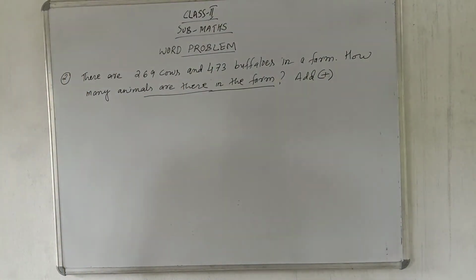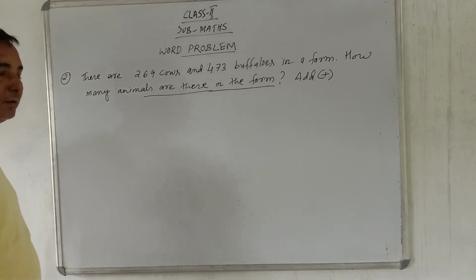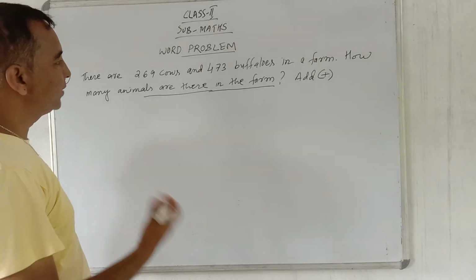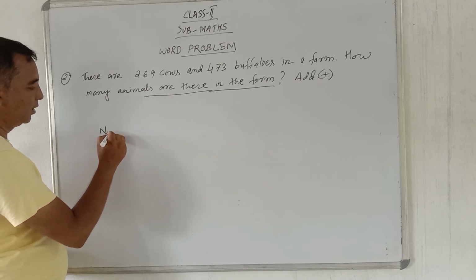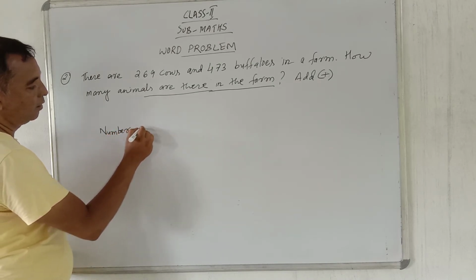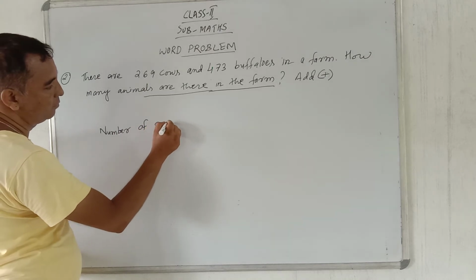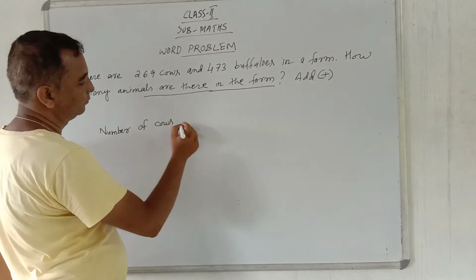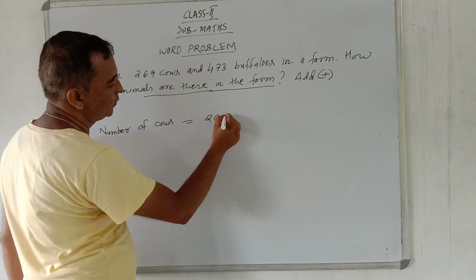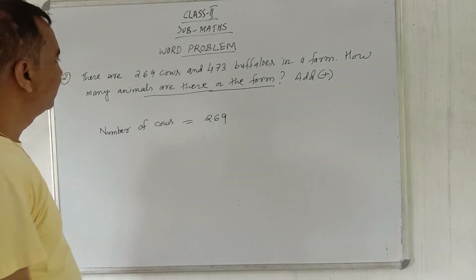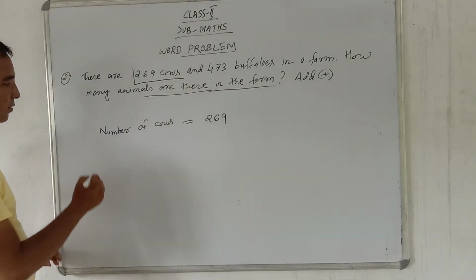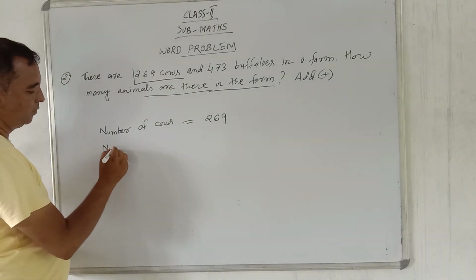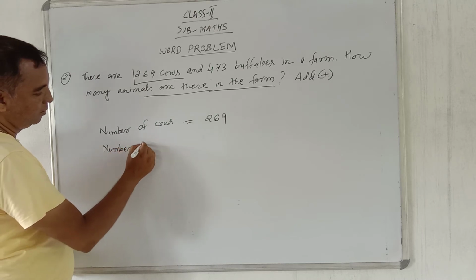So, let's start now. How to do it? In the previous work, the way I did it, same way again. Now start with me. Number of cows. How many? 2, 6, 9. There are 269 cows. And number of buffaloes.